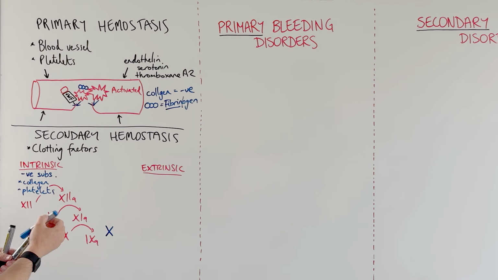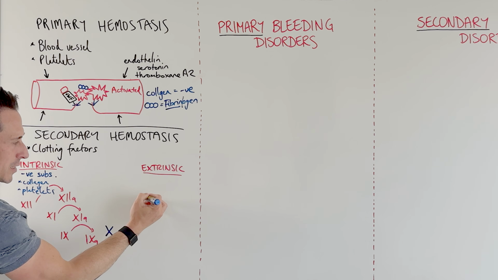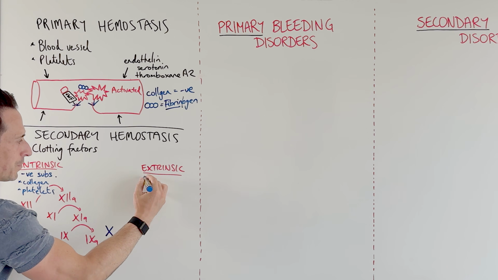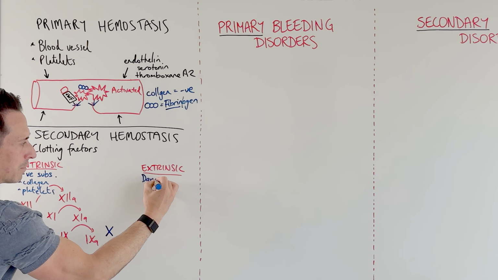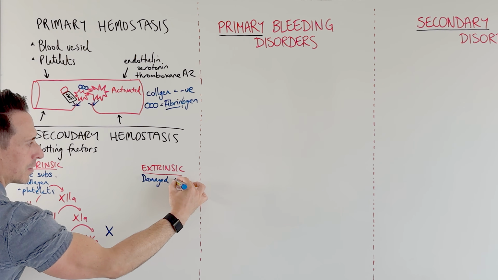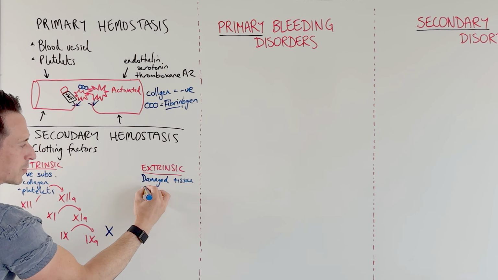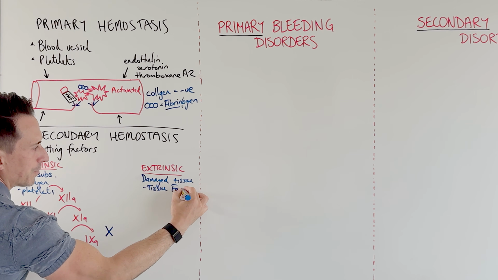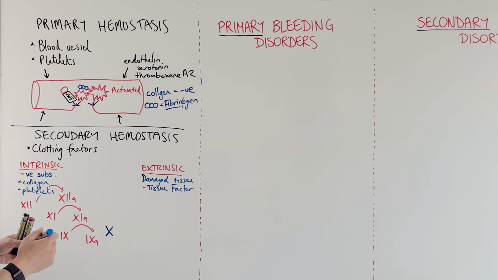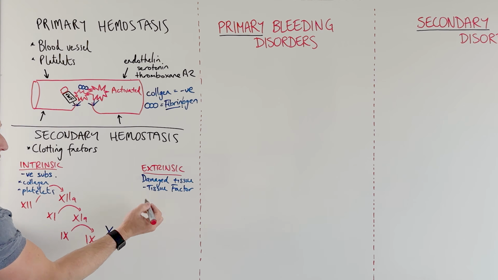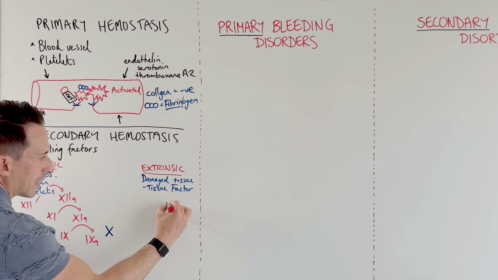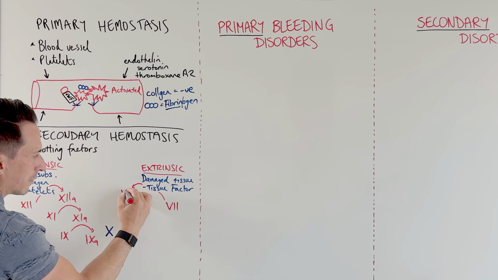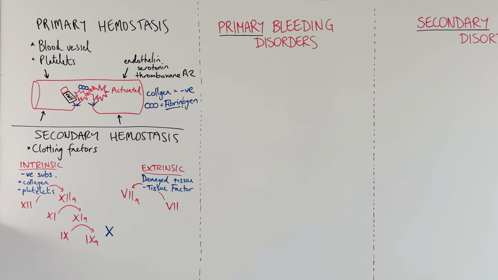Let's talk about extrinsic. This pathway gets activated when you have damaged tissue. And the reason why is because it releases something called tissue factor. And exposure of tissue factor to factor 7 will activate factor 7.